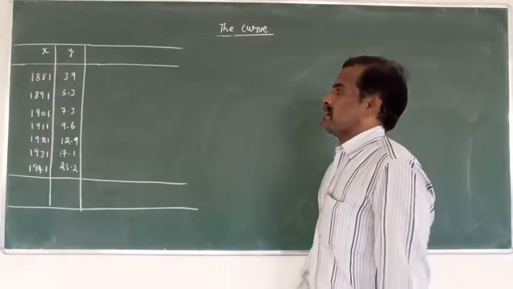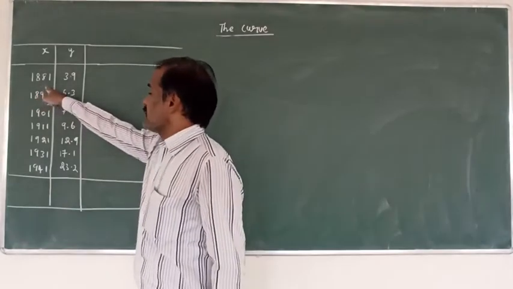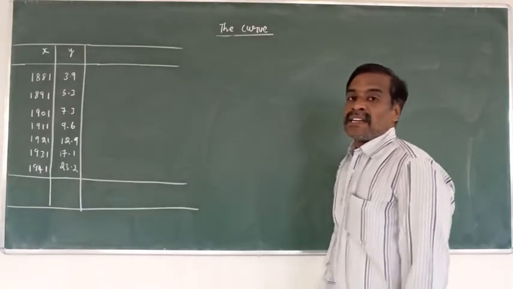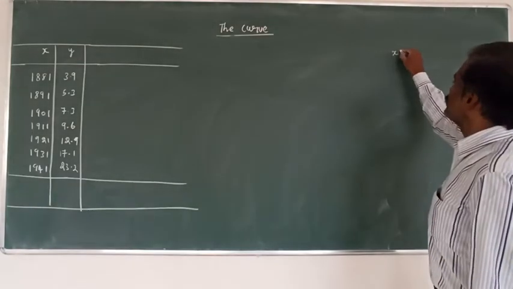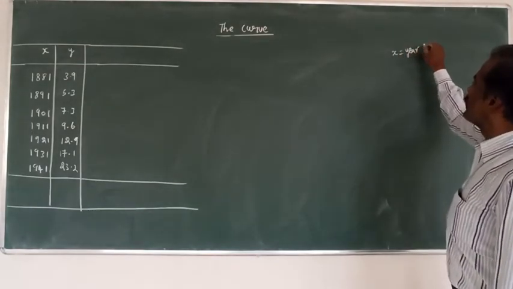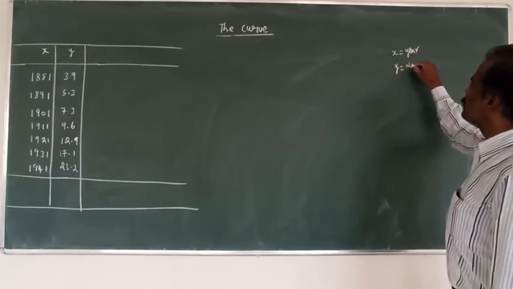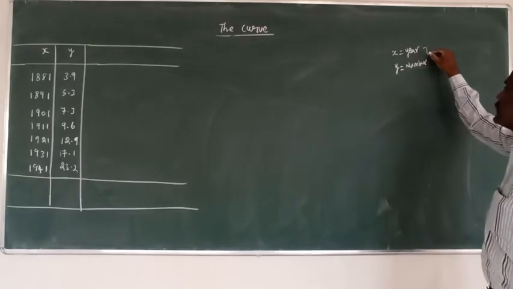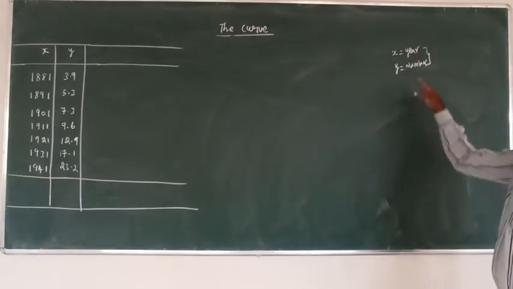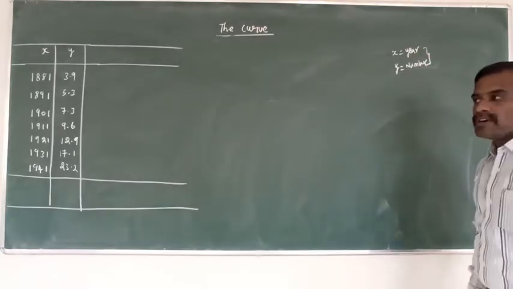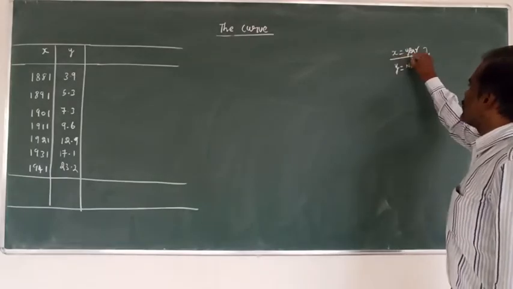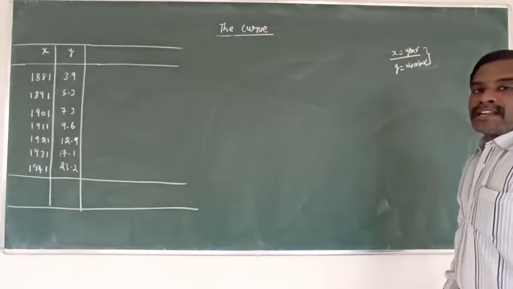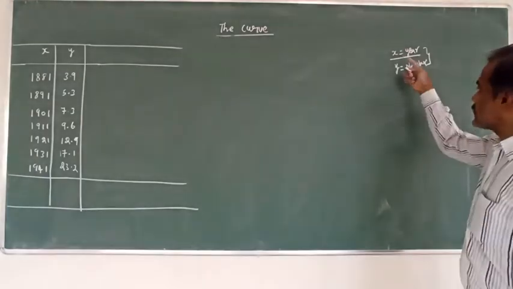Given x value is in year and y value is in number. So we cannot multiply these two, year with number. For the x value year, we can change it into number. After that we can multiply these two.